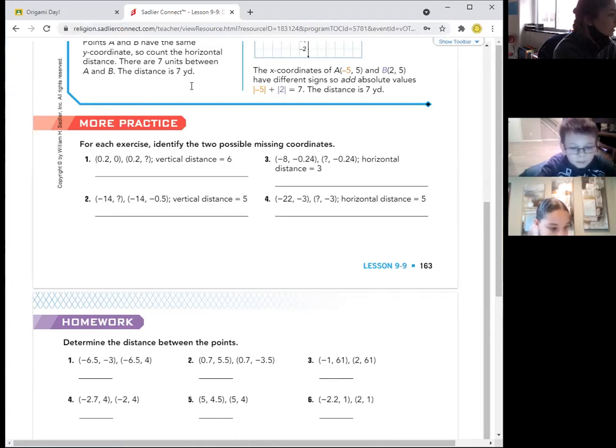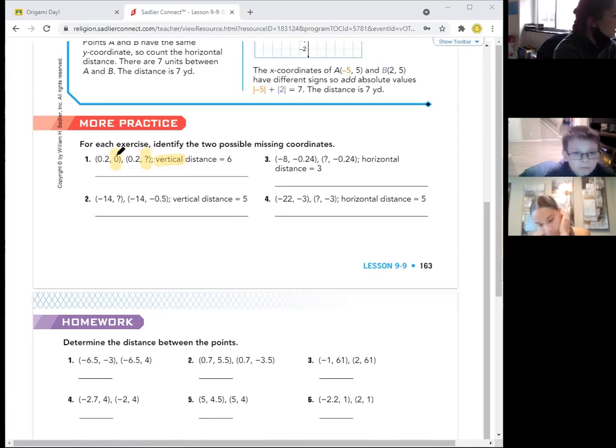So if this is 6 vertical units, which position am I looking in for vertical movement? Am I looking in the X spot or the Y spot, class? I'm looking in the Y spot. So it's not this first number. I don't care what that is. I'm only looking at the second number.